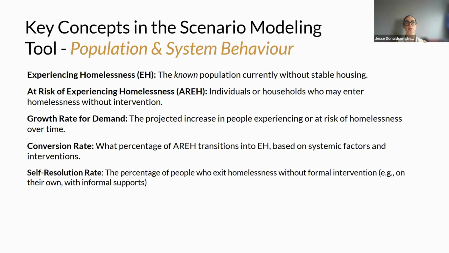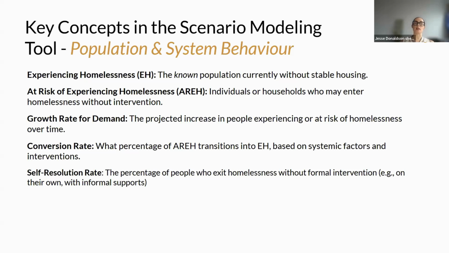Self-resolution rate, this is something we applied later on, but it had huge impacts on the system. What we know from research, and if anyone from Reaching Home is on the call, I think you have that research too, is that the percentage of people who exit homelessness without formal intervention is high. People often have family and friends able to help, so they may never touch the system, or they may not need a housing space within the homelessness and housing left-hand side of the continuum.